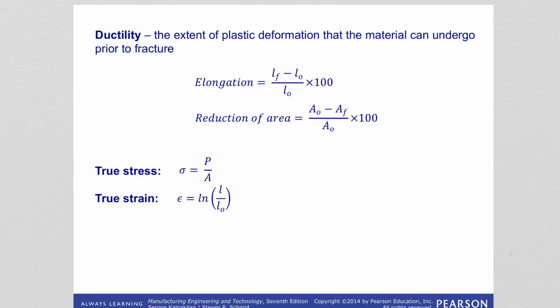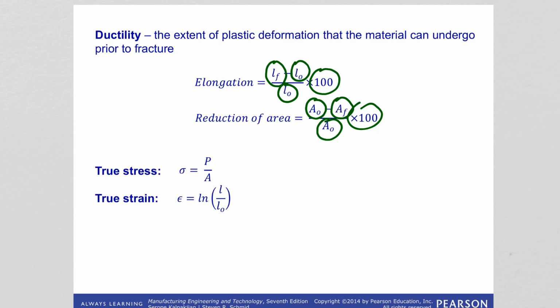In the elongation we have the final length minus the original length, over the original length, times 100. And if we measure the percent reduction in area, it is the original area minus the final area, over the original area, times 100.